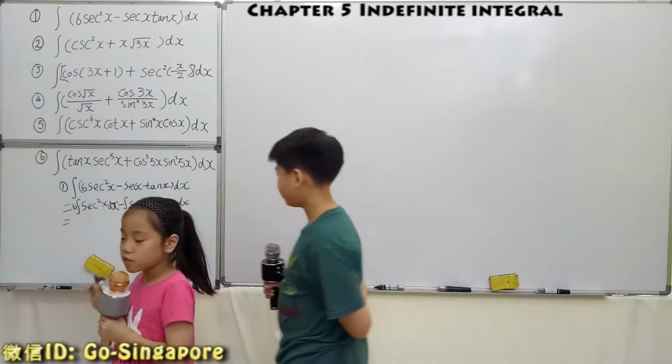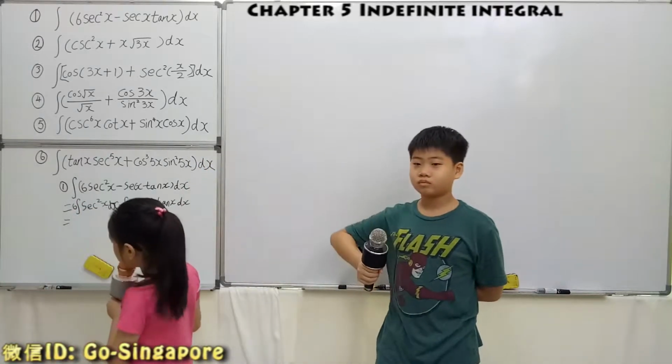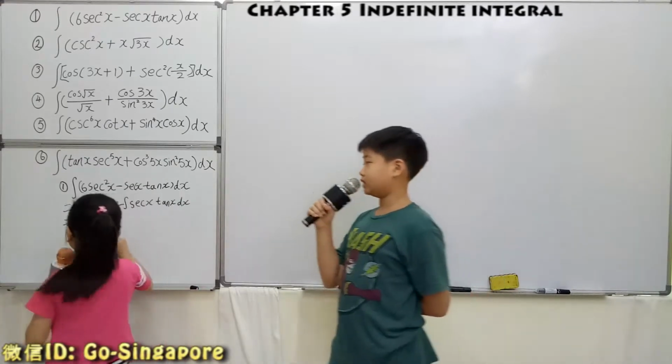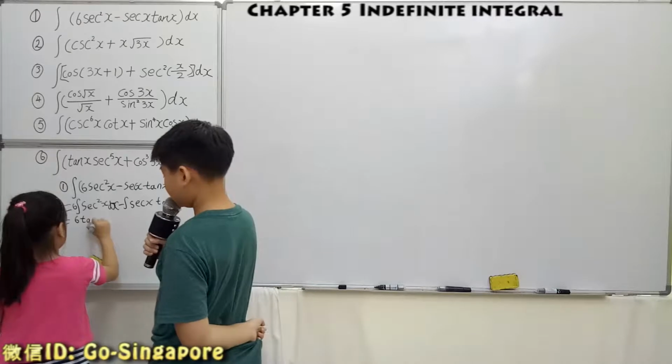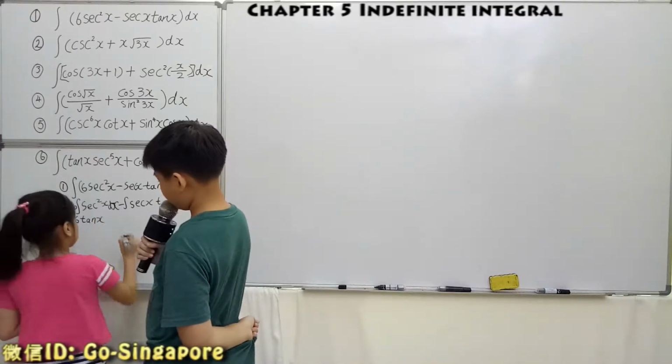Secant square x, last time we already talked about it, it's actually tangent. So that's the 6 tangent x.